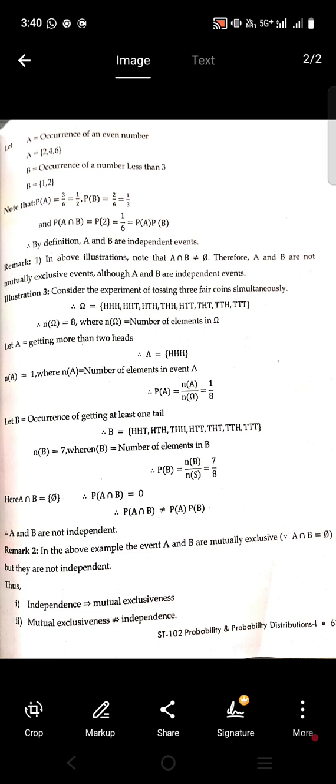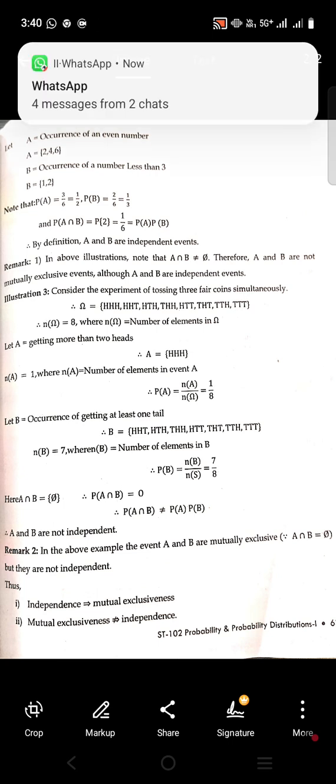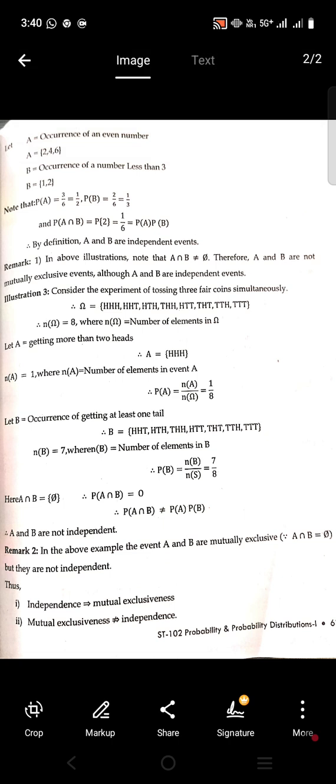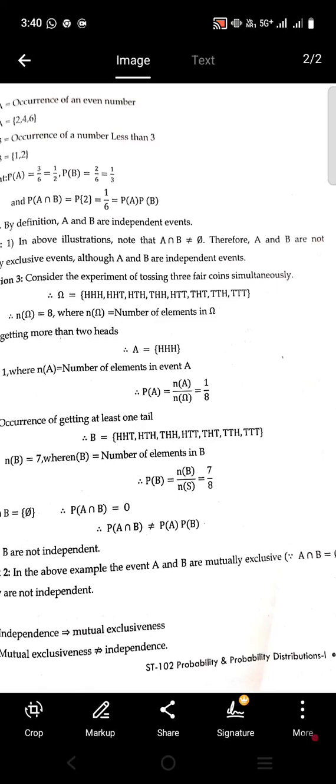Omega equal to HHH, then HHT, HTH, THH, HTT, THT, TTH, and the last is TTT, where all three coins are tails. So we get 8 outcomes in the sample space, that is, n of Omega equal to 8.